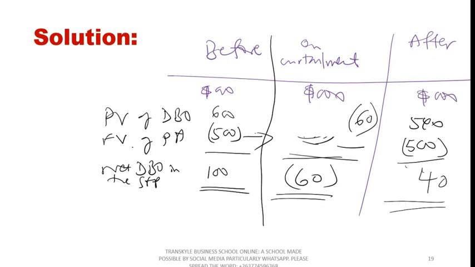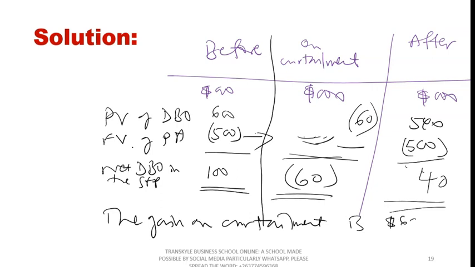This simply means that we are going to have a gain. There is a gain on curtailment. The gain on curtailment is 60,000.